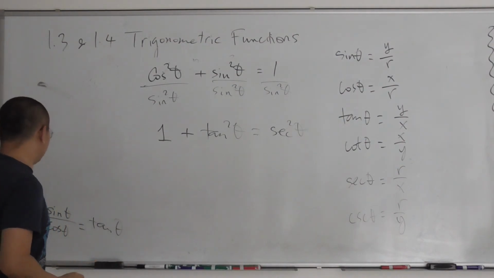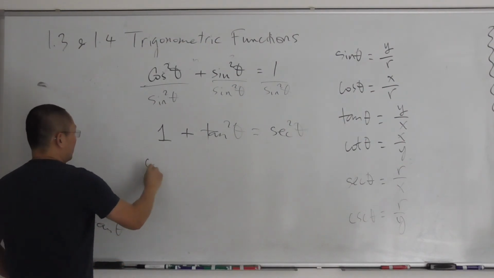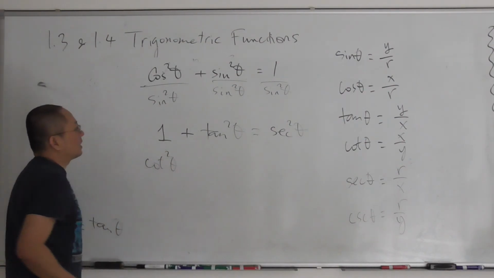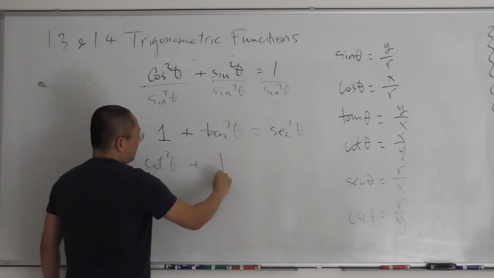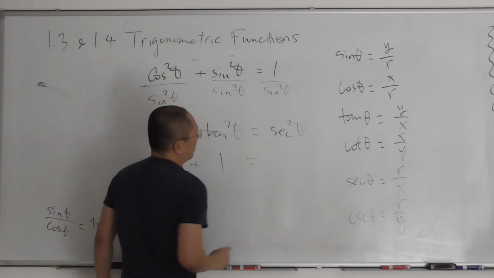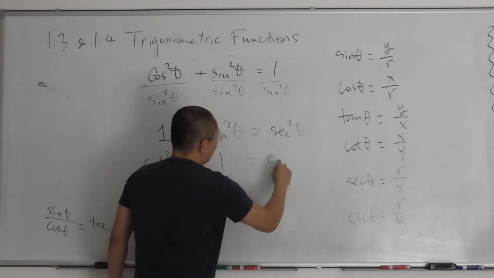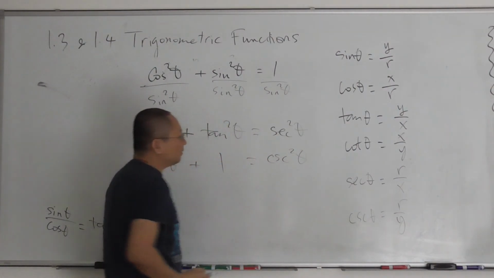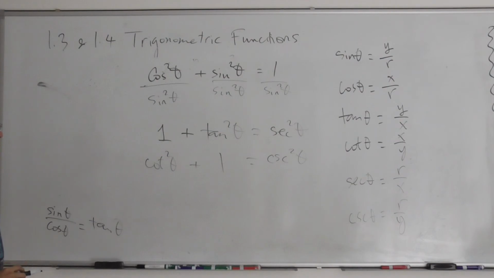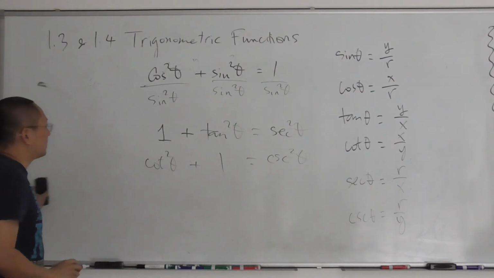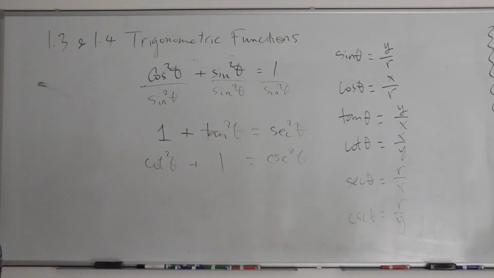Cosine divided by sine is cotangent, so cotangent squared. Sine squared divided by sine squared is 1. It is equal to 1 over sine squared. The reciprocal of sine is cosecant.